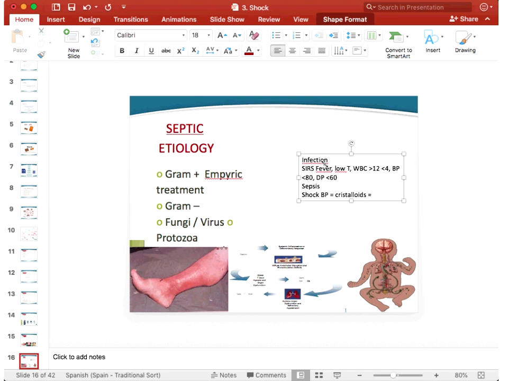What you need to do here is to treat with vasopressors, such as vasopressin, okay? And you have to treat the cause, of course. And norepinephrine. Okay?